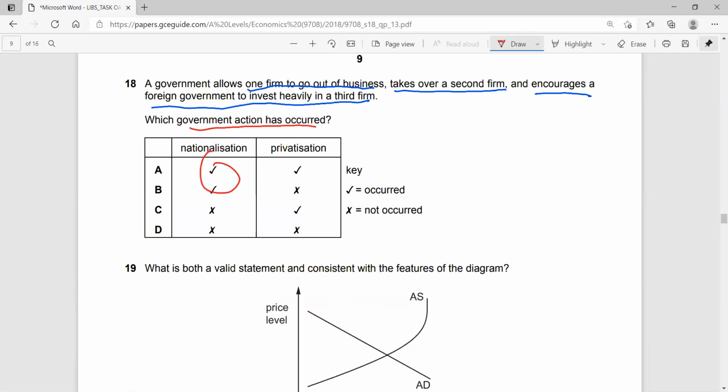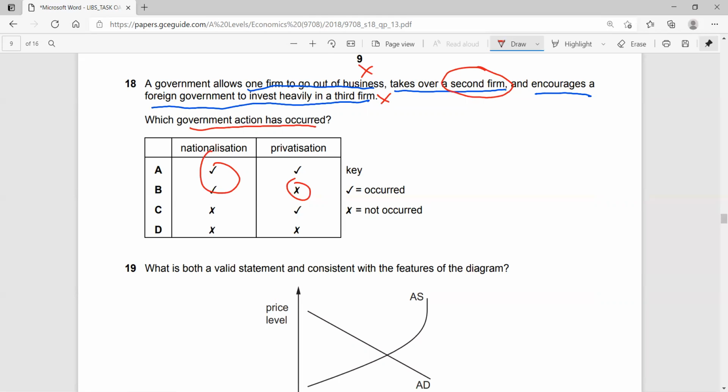So you can select nationalization for sure because the government is taking over a second firm, so it's taking over a private firm by itself. So that's nationalization. Now, you shouldn't pick privatization because one firm's gone out of business, so that has nothing to do with privatization. It is encouraging a foreign government to invest in a third firm, which is again more in the line of nationalization.